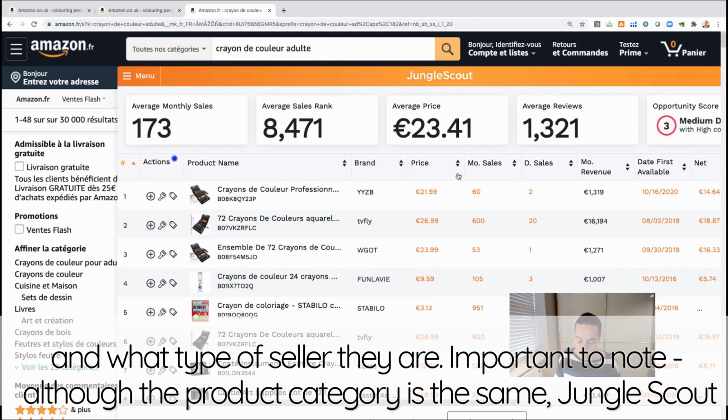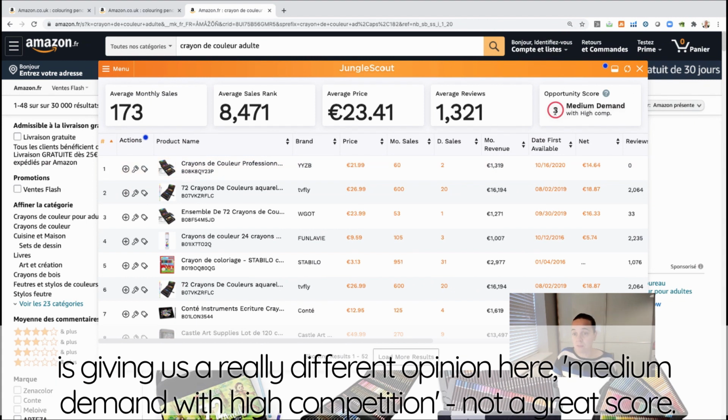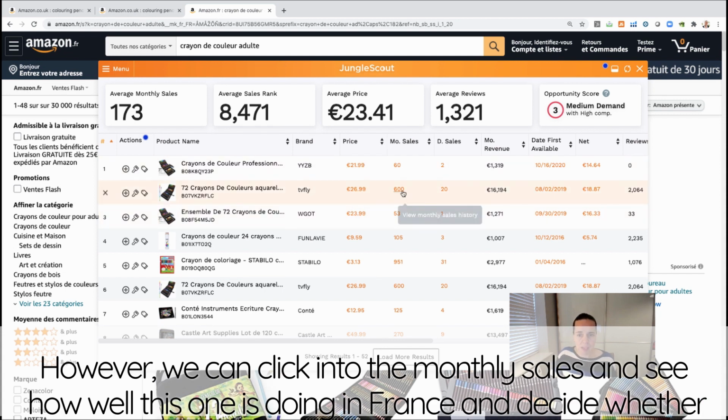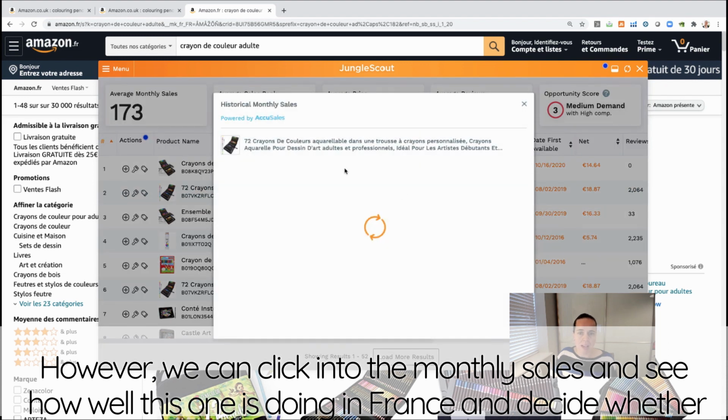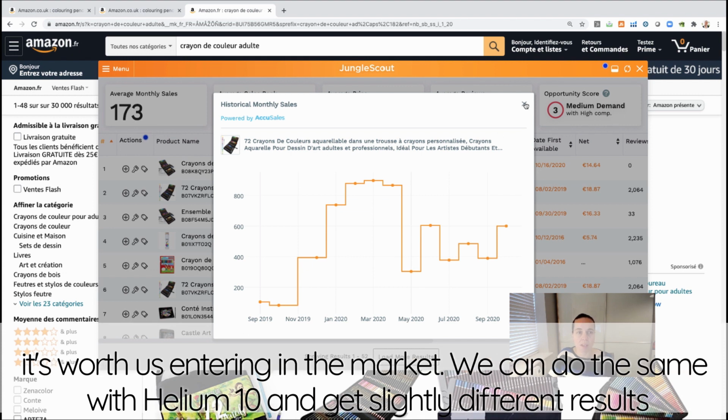Important to note here is although the product category is the same, Jungle Scout is giving us a really different opinion about whether we should enter here. Medium demand with high competition, that is not a really great score. However, we can click into the monthly sales and see how well this particular one is doing in France and decide whether it's worth us entering the market.